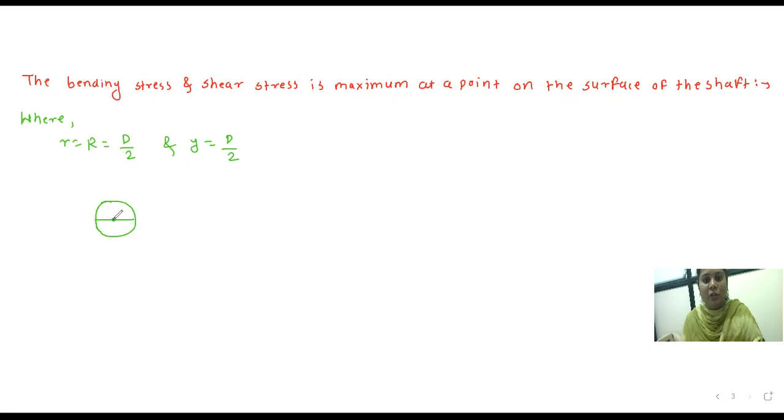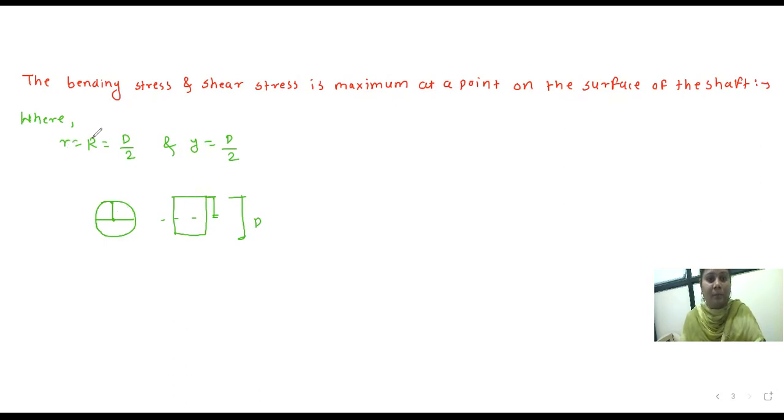From this point we will find the shear stress. R is equal to D by 2, that is diameter by 2, and suppose this is our section with total depth D. We find from the neutral axis Y, which is equal to D by 2. So R and Y mean the location of stress, the point at which we will find the stress.